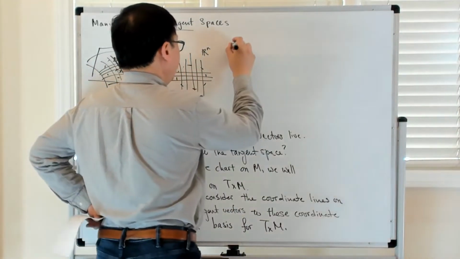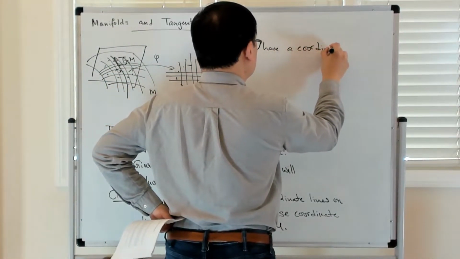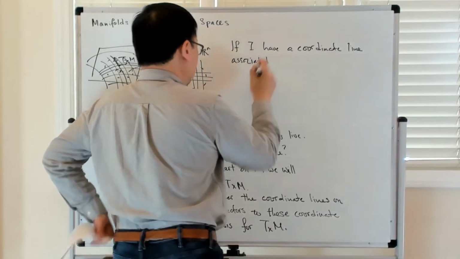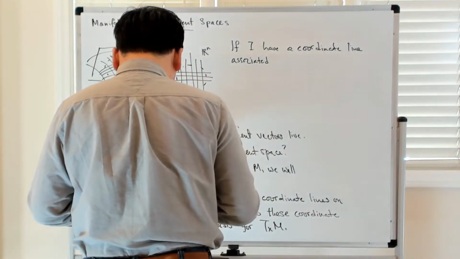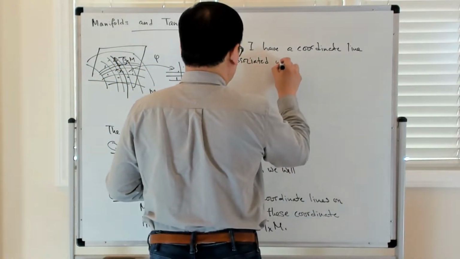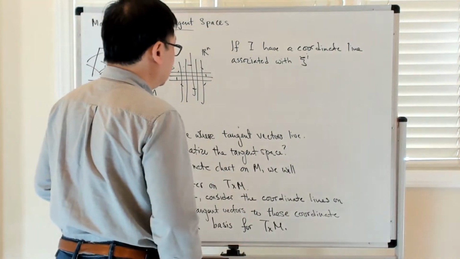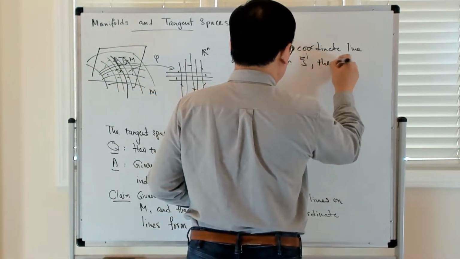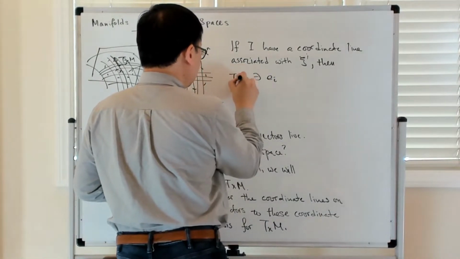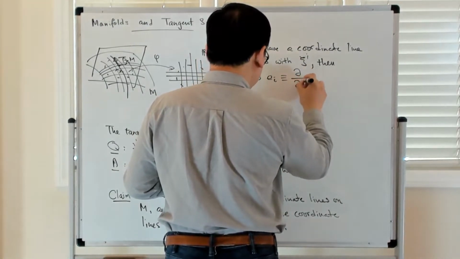So if I have a coordinate line associated with the ith component of this, then this basis vector e sub i, which is an element of TXM, is just defined to be essentially the derivative operator in this direction.